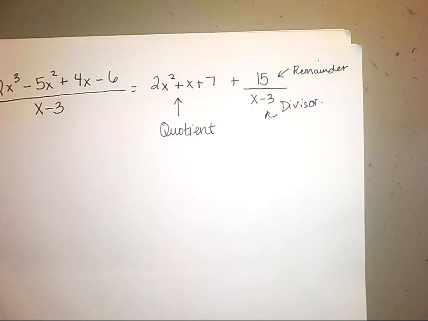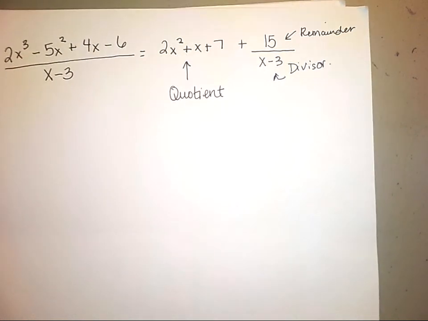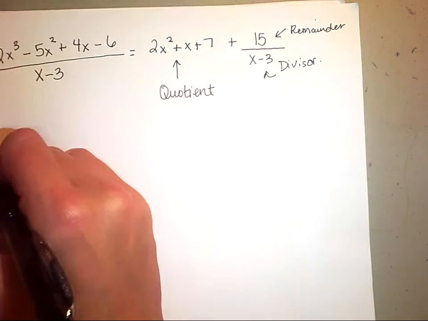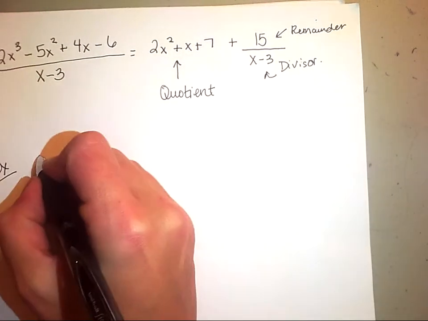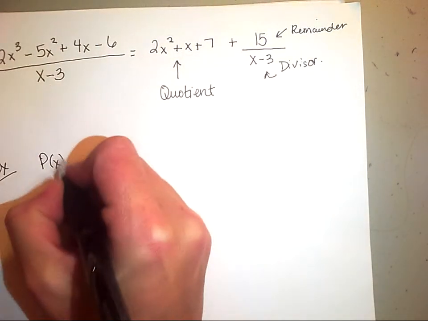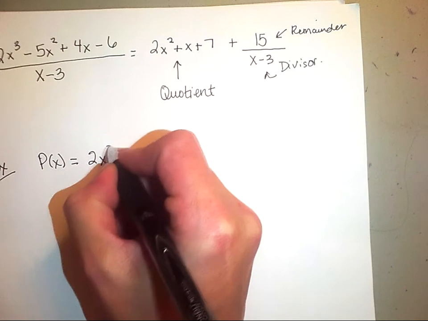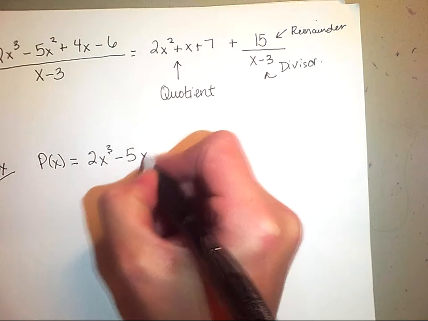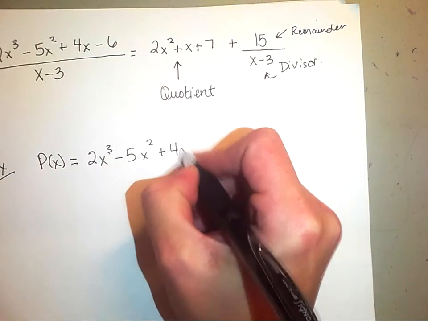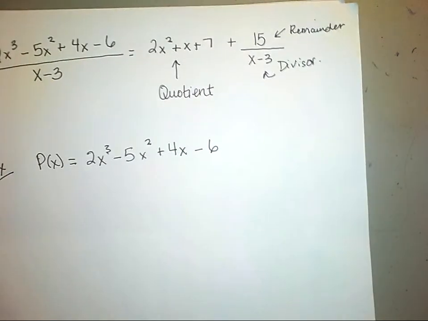Okay. So now, looking at that, let's continue and look at this example. We'll take our same polynomial up here. Let's say our polynomial is the same one, 2x cubed minus 5x squared plus 4x minus 6.